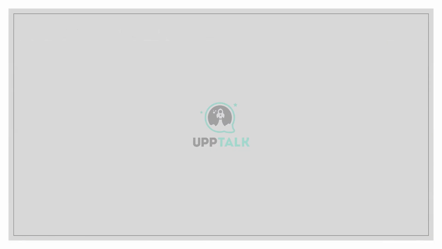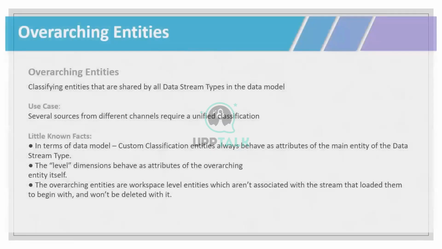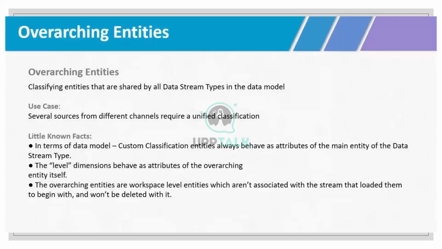Let's look around this as our first step towards learning. What we'll do is we will go to the next topic, which is called overarching entities. It's not "overarching entities", it's overarching entities.